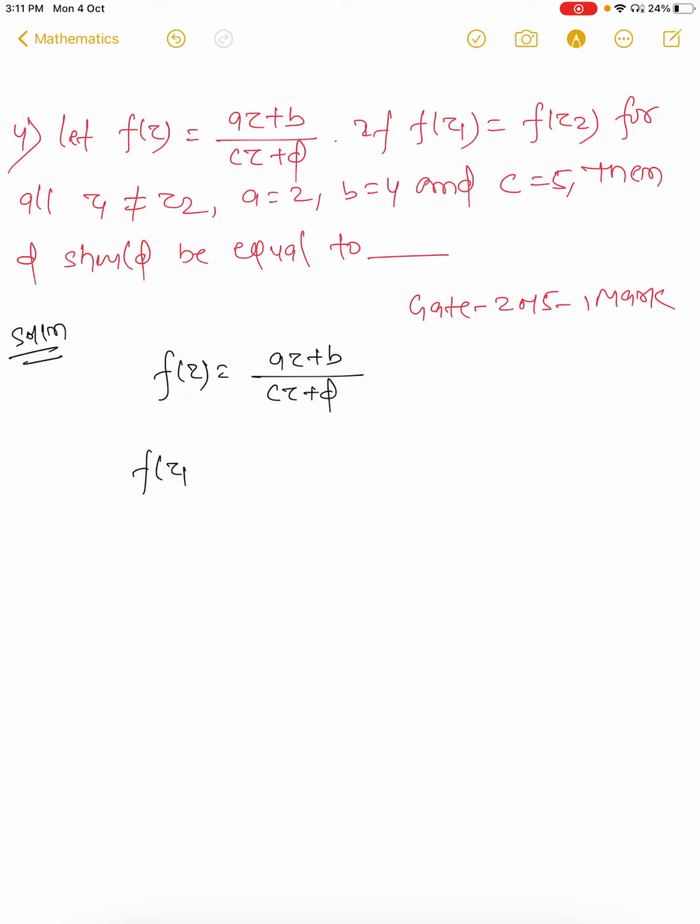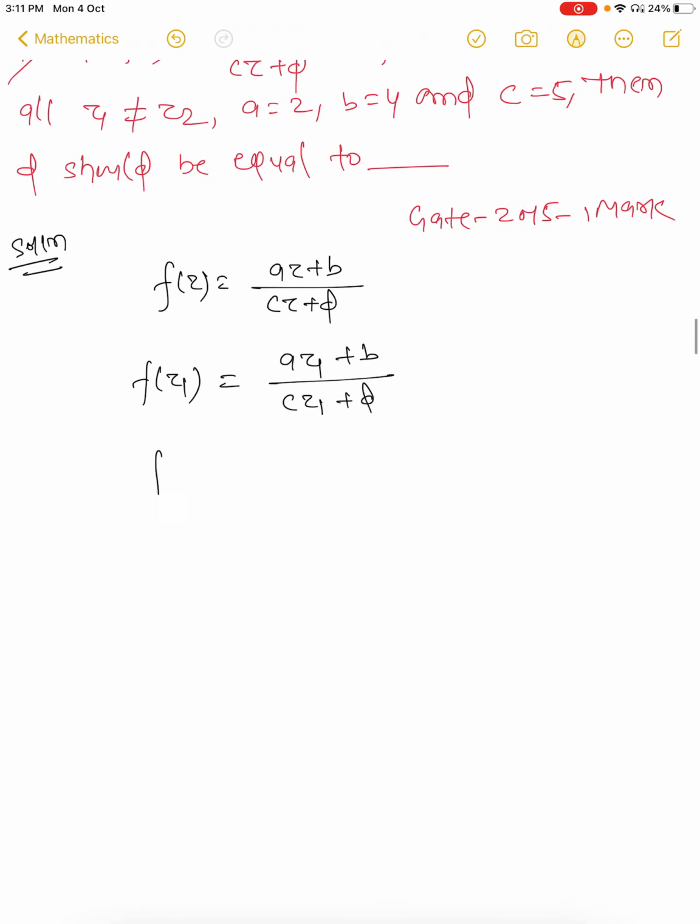f(z1) equals f(z2) for all z1 not equal to z2. f(z1) is (a z1 plus b) upon (c z1 plus d), and f(z2) is (a z2 plus b) upon (c z2 plus d).